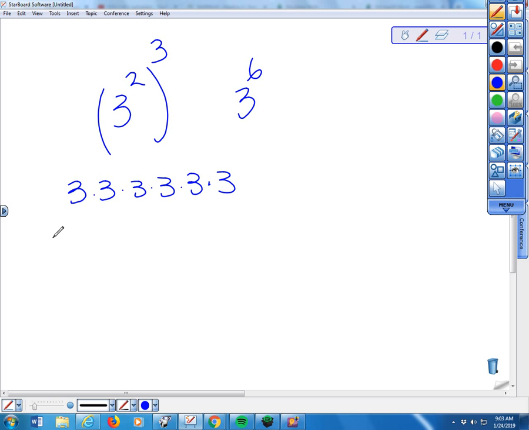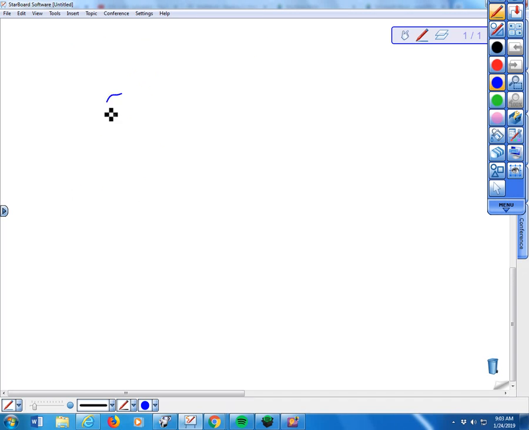Let's do this one. When I have an exponent on the outside of the parentheses, it applies to every item inside. So 5 to the 7th power is what?